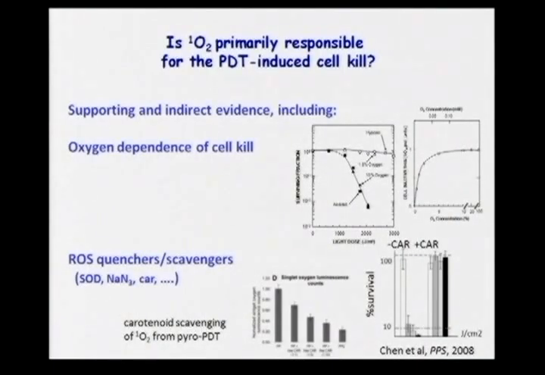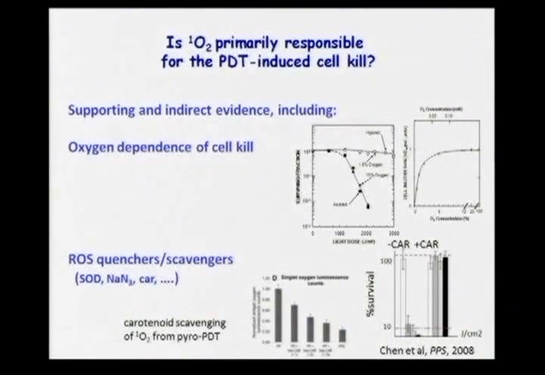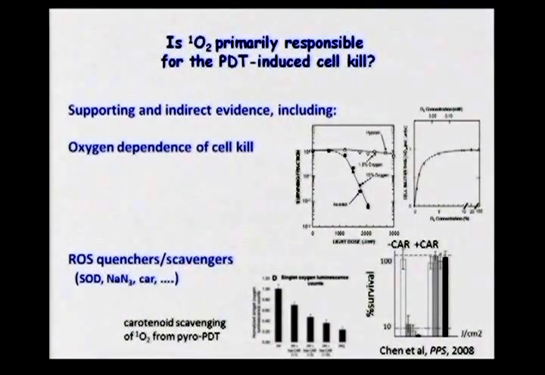But nevertheless, you can still ask the question, is singlet oxygen primarily responsible for the PDT-induced cell kill? So I just wanted to run through some pieces of evidence on this, both direct and indirect. So here is the oxygen dependence of cell kill. So we know that for many photosensitizers, this is cell survival versus light dose.